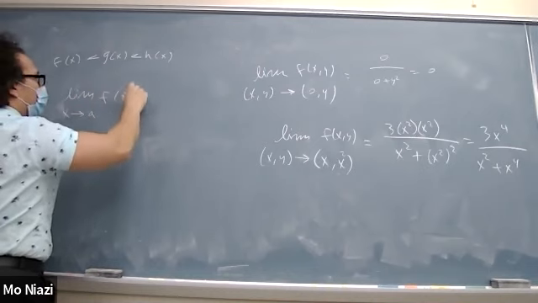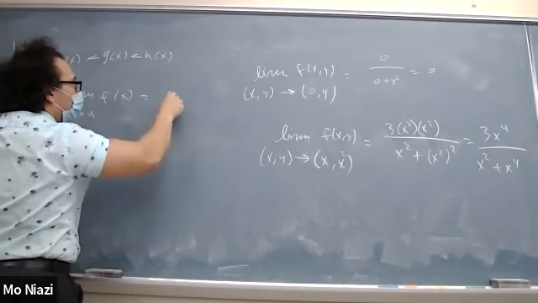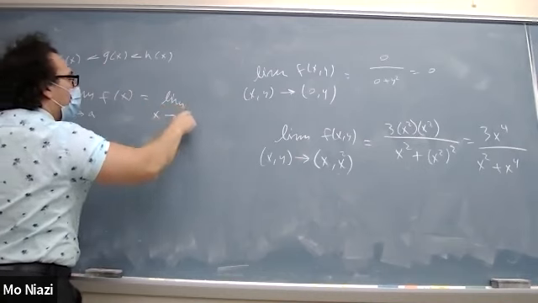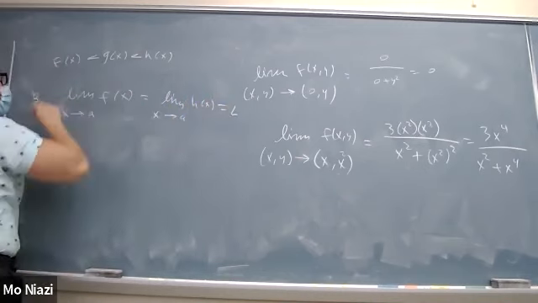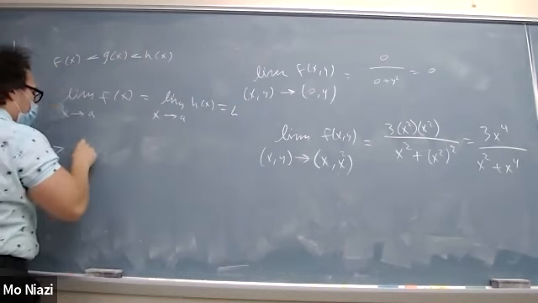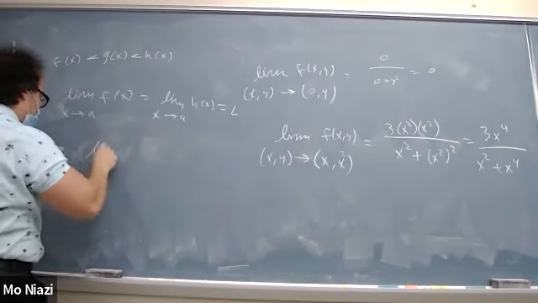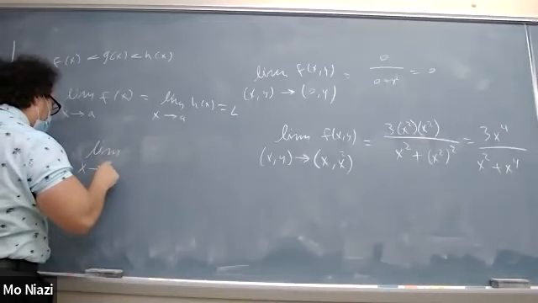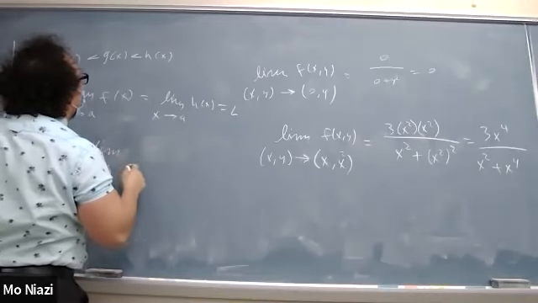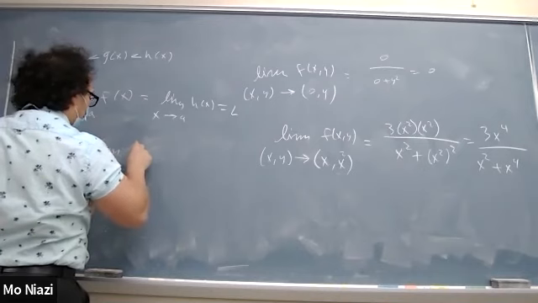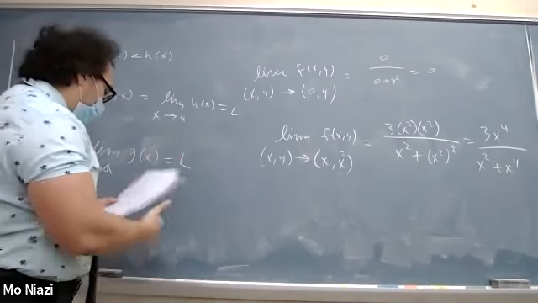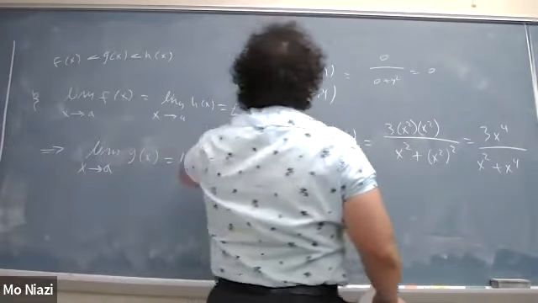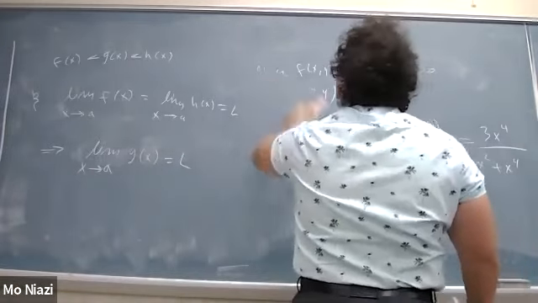It translates to the two-dimensional version. If the limits for this and that are the same, we may assert the limit of the sandwiched function, the squeezed function, is indeed the same. So let's apply that idea to this function here.